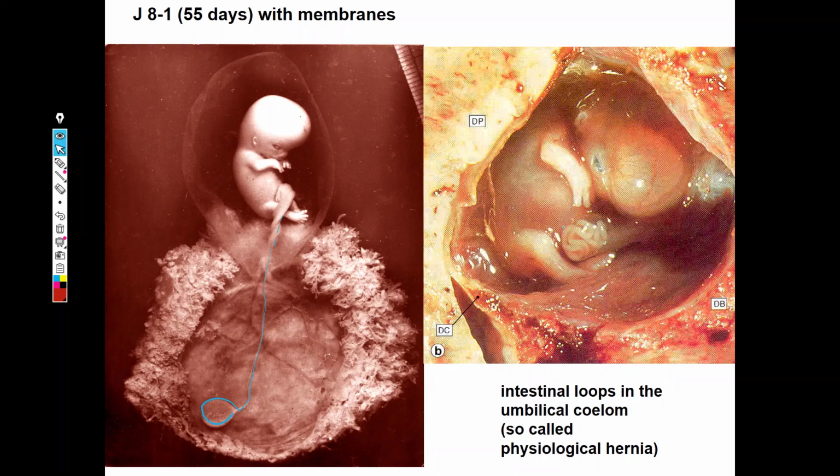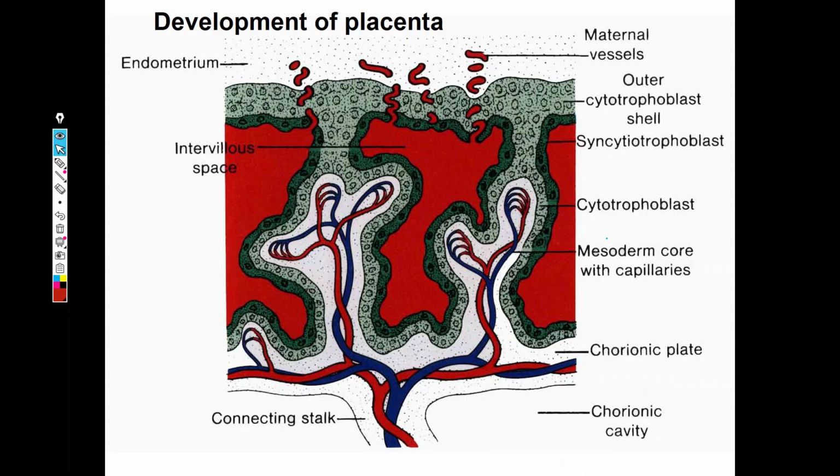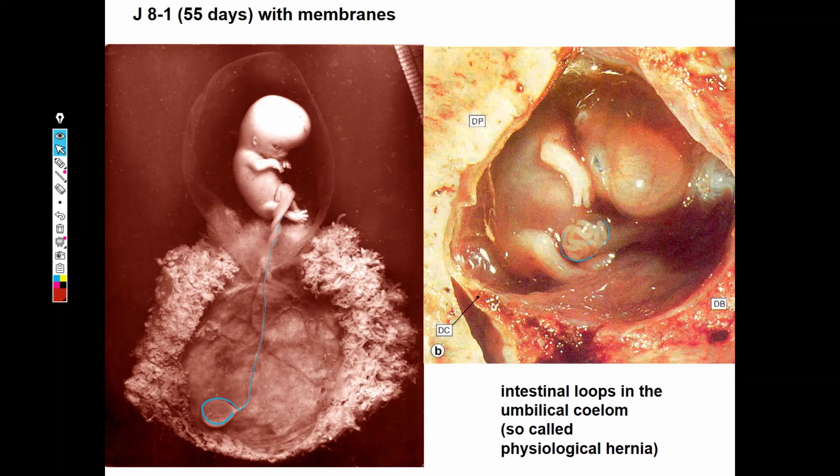And here in the next picture, it's very interesting, we can see the herniation really into the umbilicus. The herniation of intestines over here is the so-called physiological hernia, because it's very normal and physiological. And when this herniation goes back, we will lose the yolk sac and also the omphaloenteric duct.